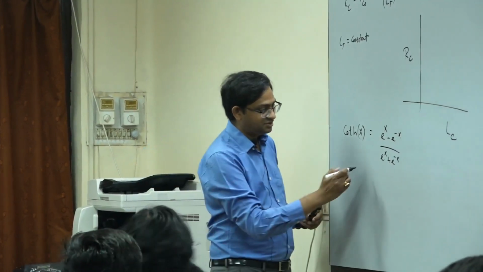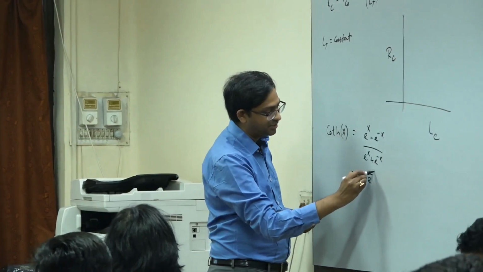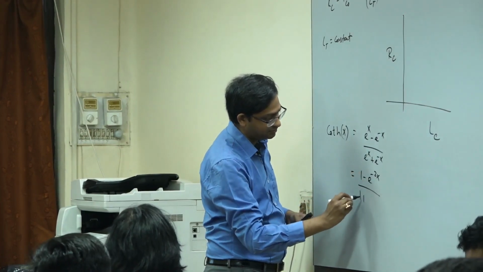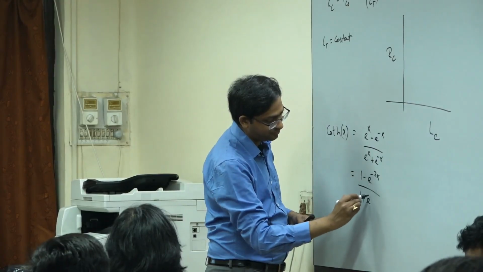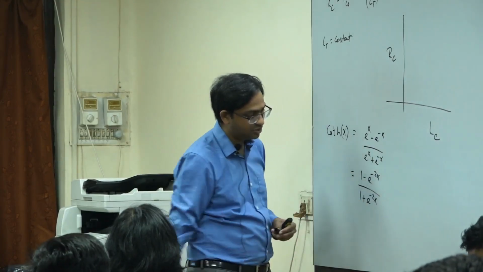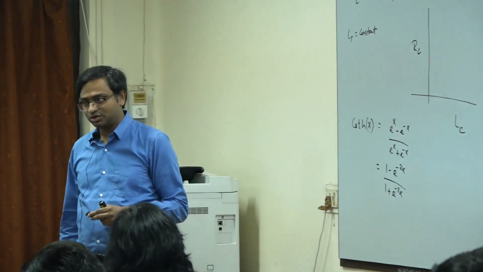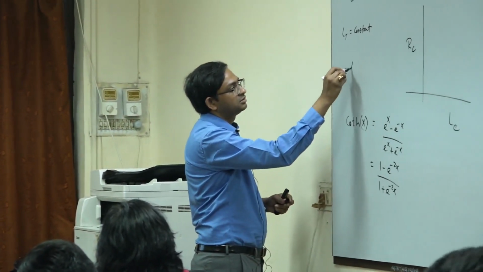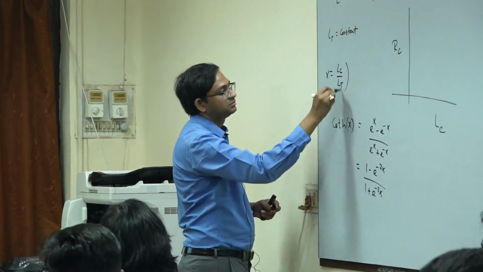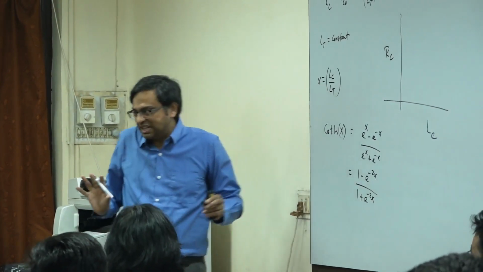We can do that. So what you want to do is 1 minus e to the power minus 2x, all good. And in this case, x is LC by LT, and this is a constant, so I don't really care.